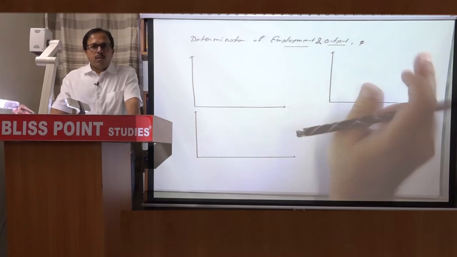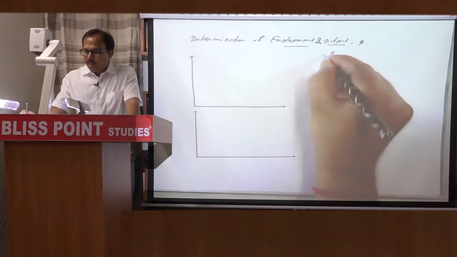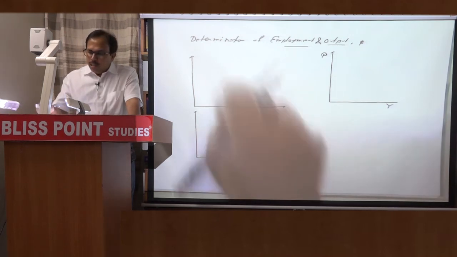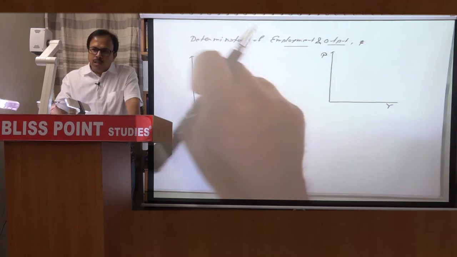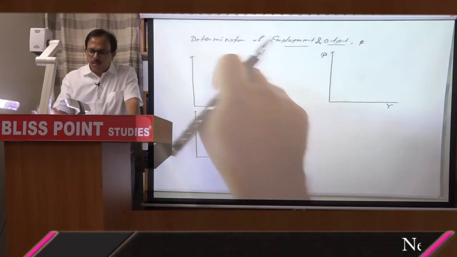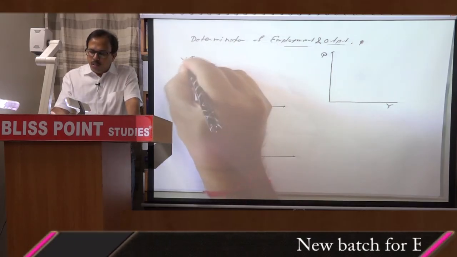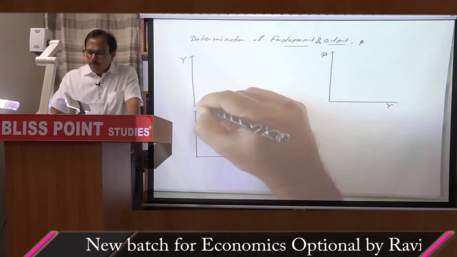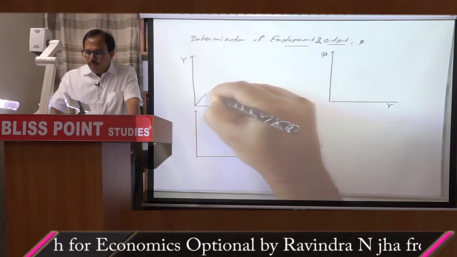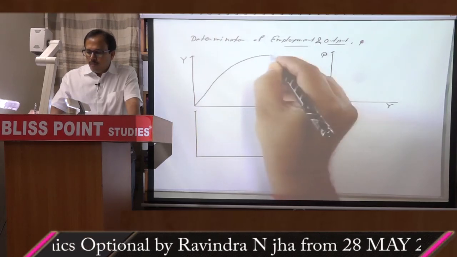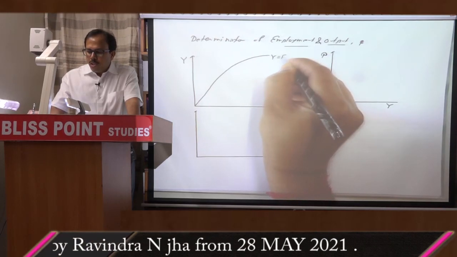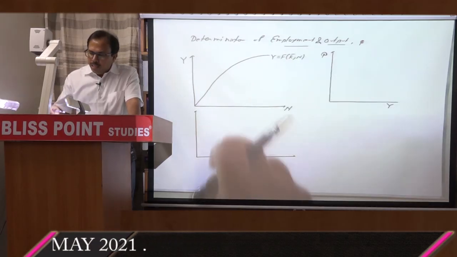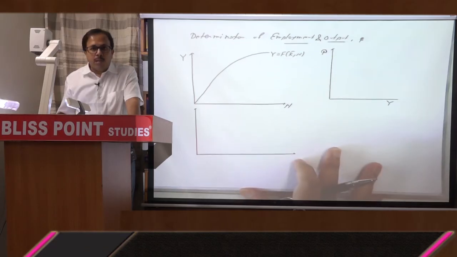So if you are drawing the aggregate supply curve, what will you write on the axis? Price and output. Here we have to present the aggregate production function. So production Y was a function of employment, and that production function was a function of the stock of capital, which was constant, and employment of labor. In this part we have to draw labor demand and labor supply.